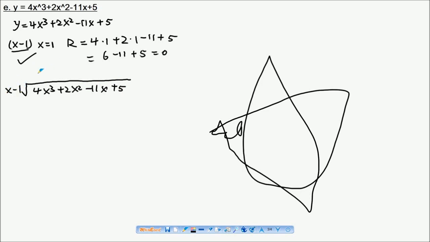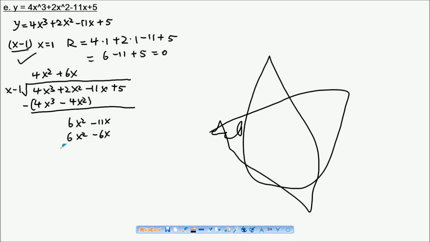x minus 1, and the first term of the factor will be 4x squared, so 4x cubed minus 4x squared. The top one minus the bottom one, it will be 6x squared minus 11x, which leaves 6x, so 6x squared minus 6x.